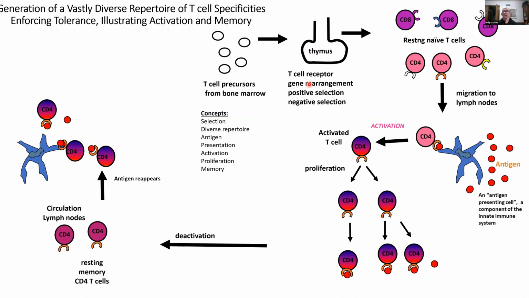And then the ones that are not desirable are selected out by what are called positive and negative selection. And then what emerges is a set of T cells, each one of which has a unique receptor and can form the basis of a clone for that particular receptor with that particular set of specificities.